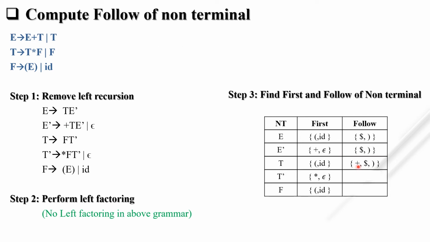Okay, now where is T? Next, nowhere, but instead of E dash, if I put null, now what is the follow of this T? Nothing. So everything in the follow of E dash will be the follow of T according to rule number 3.